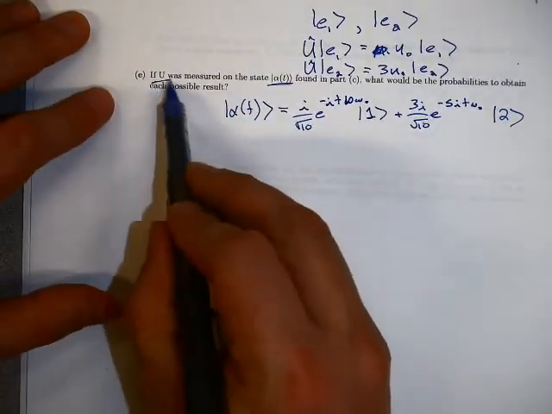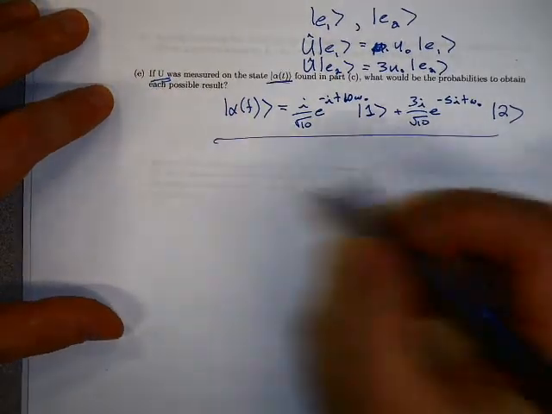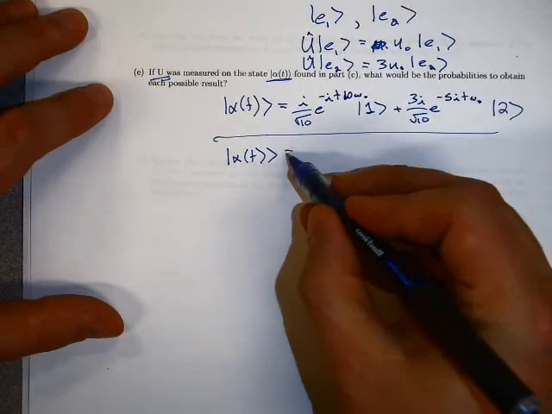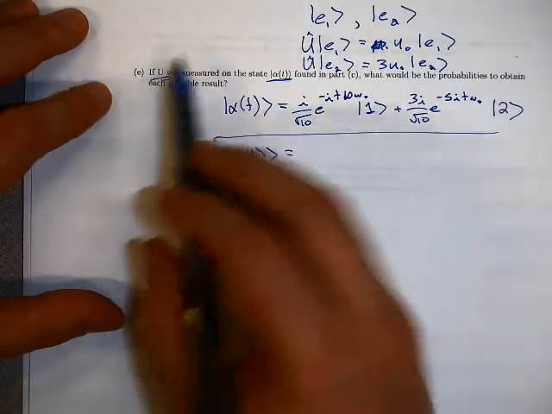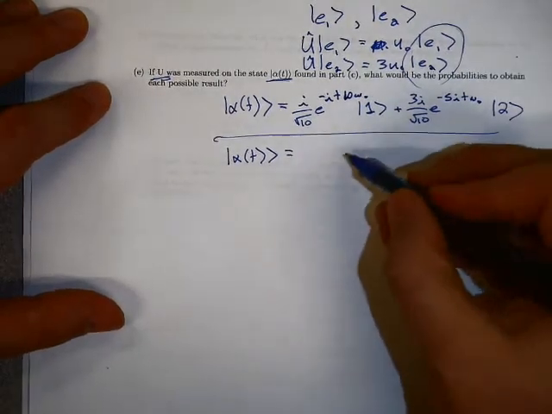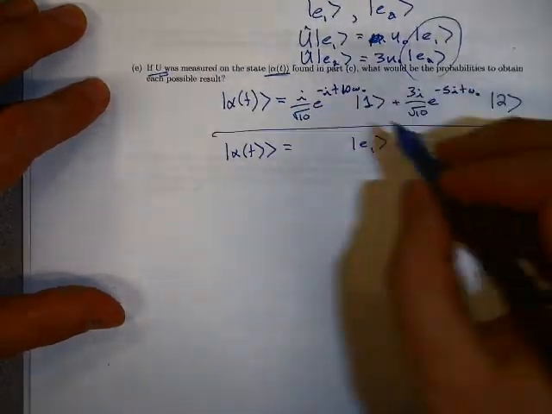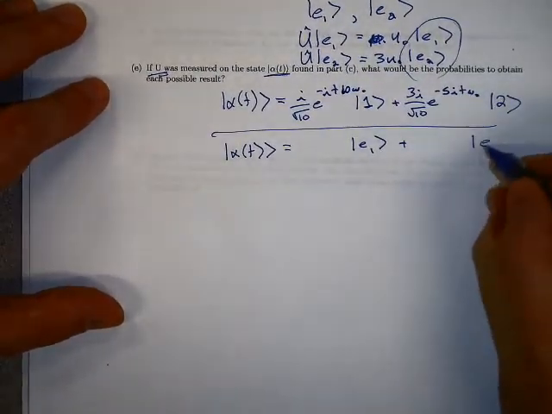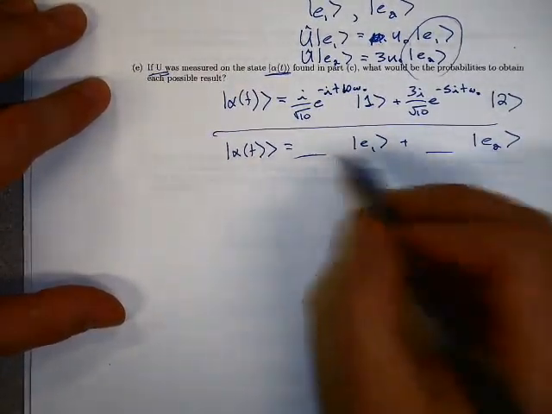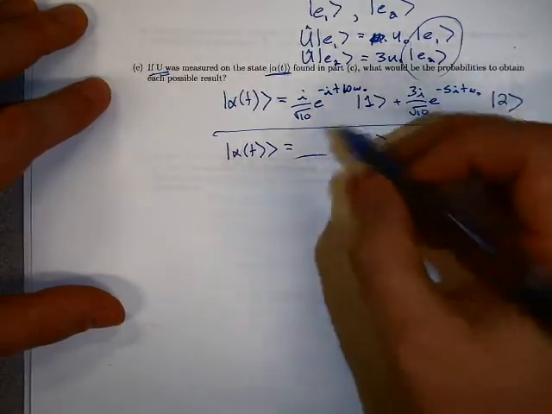If we're going to measure U, we need to rewrite alpha in the eigenbasis of U, but we just said that E1 and E2 were the eigenvectors of U. So I just need to put alpha of t back into the E1, E2 basis. And so I have these two components to figure out. What are those two components?